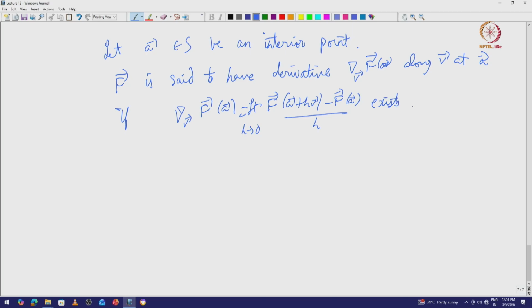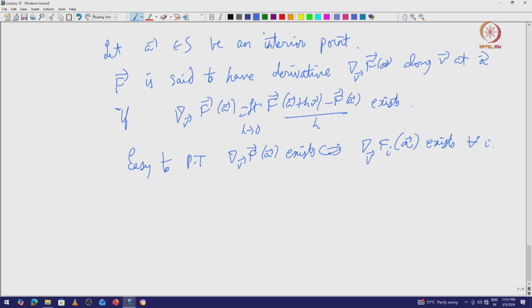Okay. Now once again it's easy to prove that this exists if and only if the directional derivative of each component exists. Okay.